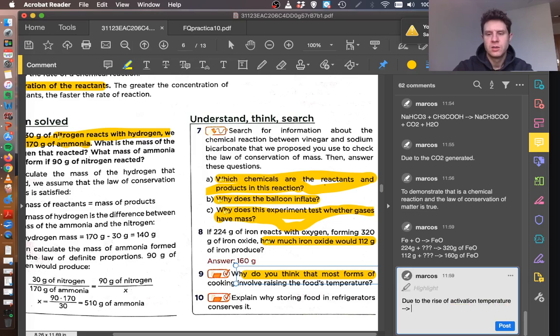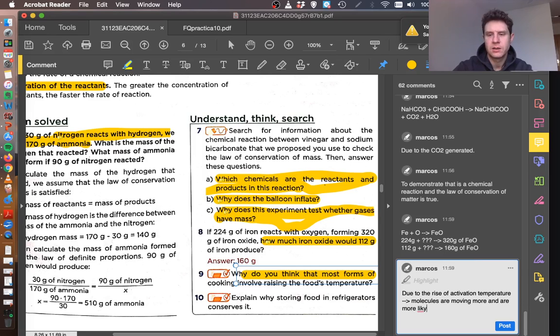Yes. So molecules are moving more and are more likely to react. Very good.